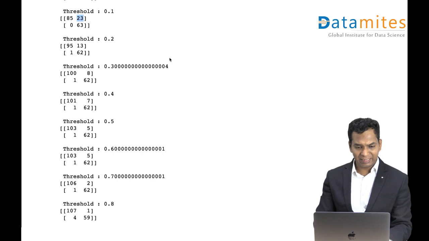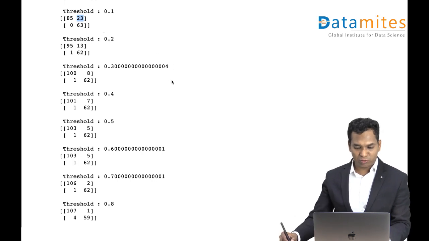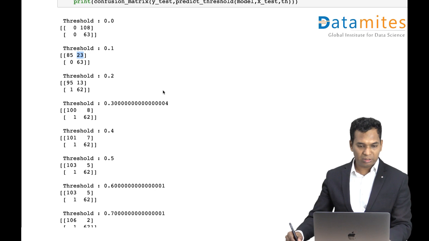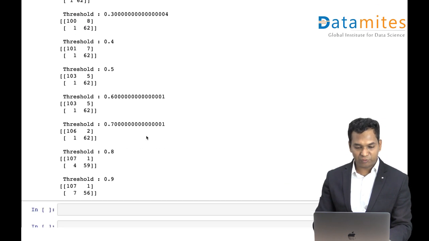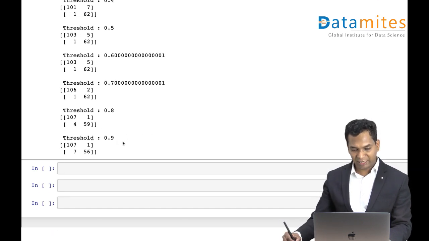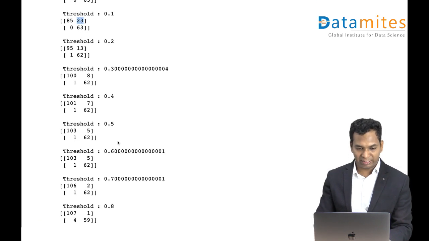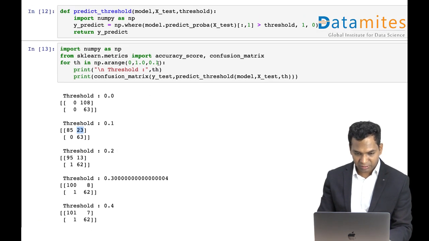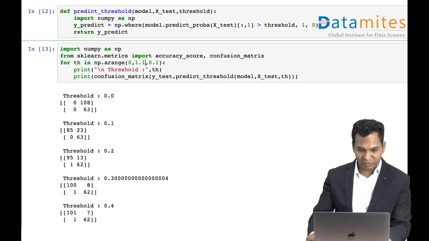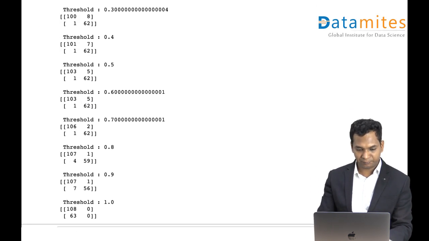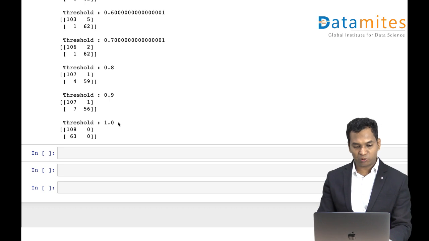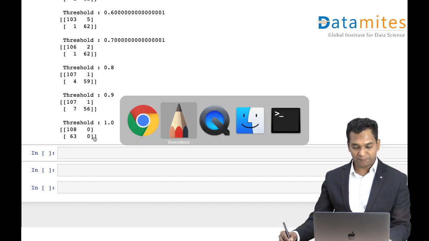You can also see this in the table. When the threshold is 0, your true negative and false negative are both 0, and everything is positive. I didn't have 1 here because I did not take that value, so let me take 1.1 here. You see that when the threshold is equal to 1, everything is negative, so it is either true negative or false negative. Your false positives and true positives are completely 0.